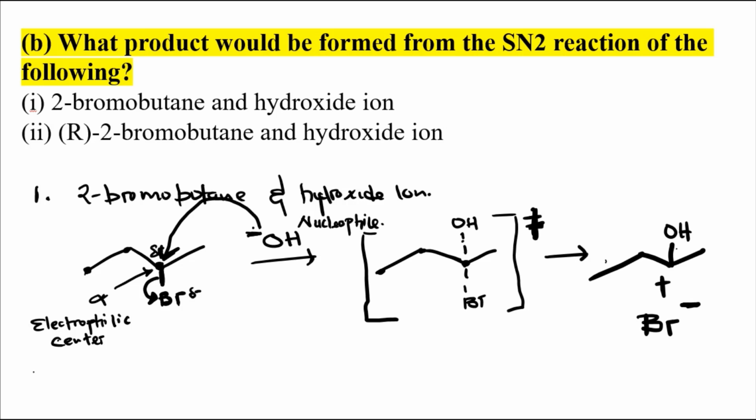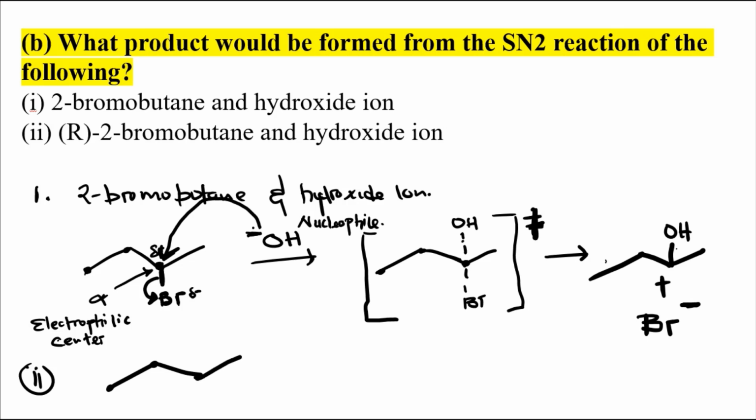Let's look at number 2 here. So 2 is (R)-2-bromobutane and hydroxide ion. Now when you look at R, it means that they have assigned stereoisomerism to this compound. So the bromide is on carbon 1, 2, 3, 4.